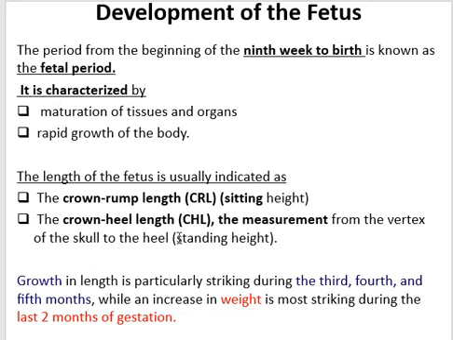The crown heel length: crown is the head part, and heel is the heel of the foot. The measurement from the vertex of the skull to the heel is the standing height. Sitting height is the crown rump length, standing height is the crown heel length.